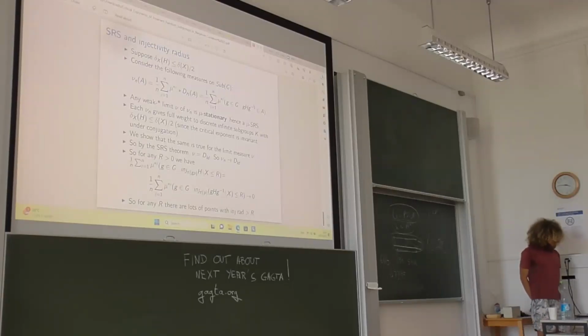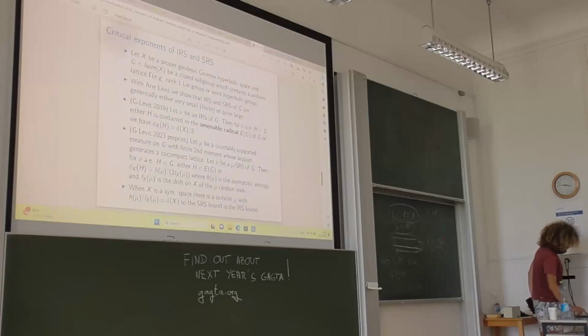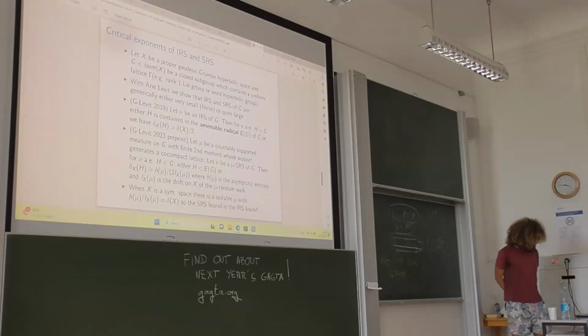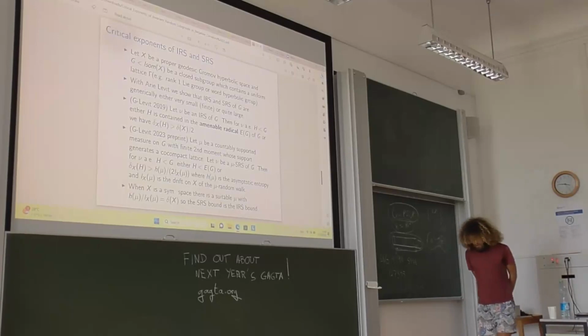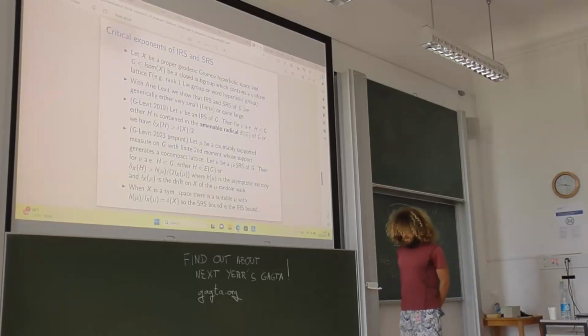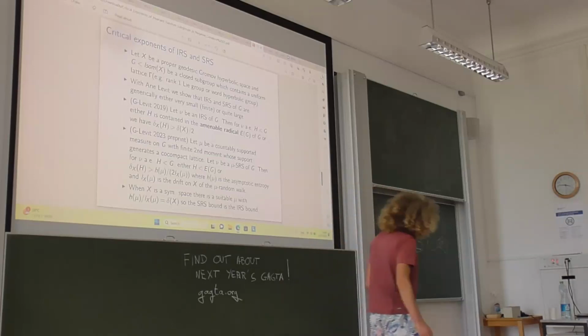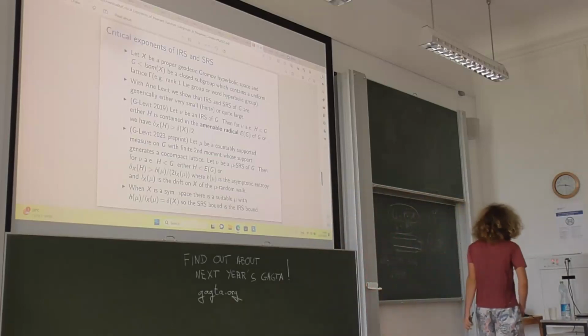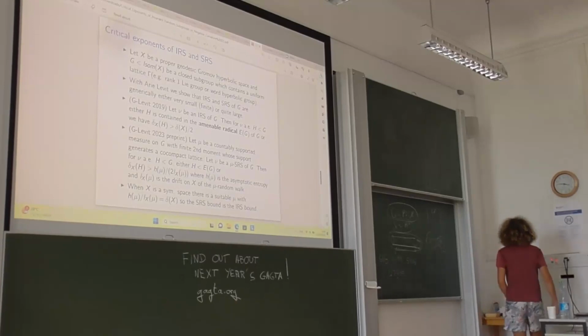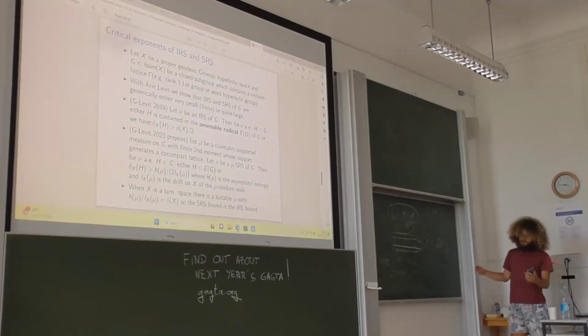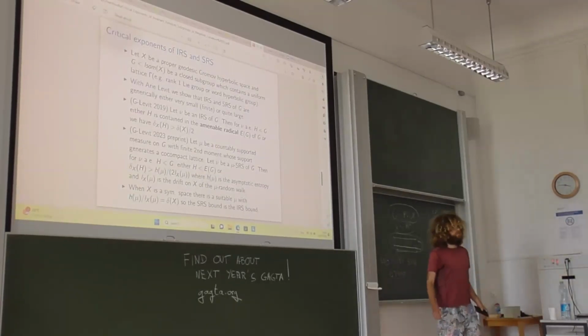But because of this SRS theorem, this 2023 thing, if you have an SRS which is supported on things with small critical exponent, then almost surely it has to be the amenable radical. In this case, we're in the symmetric space, which means the amenable radical is just the identity.